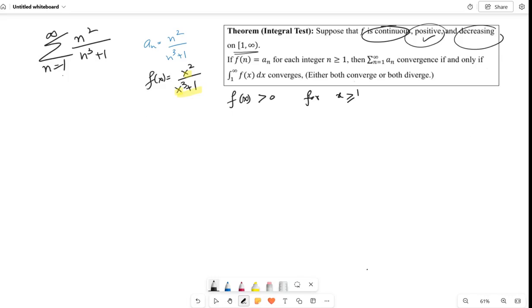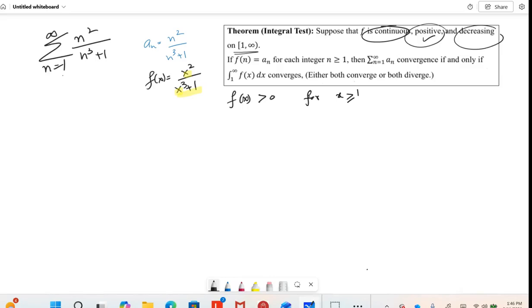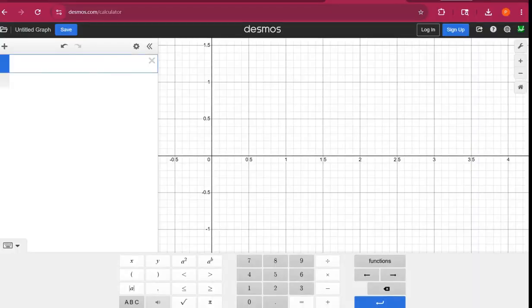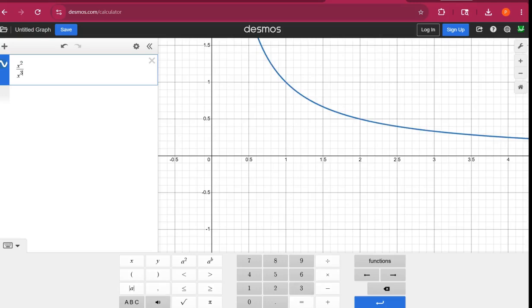Continuity. For this you can also just check the graph of the function. Here I have x squared divided by x cubed plus 1.